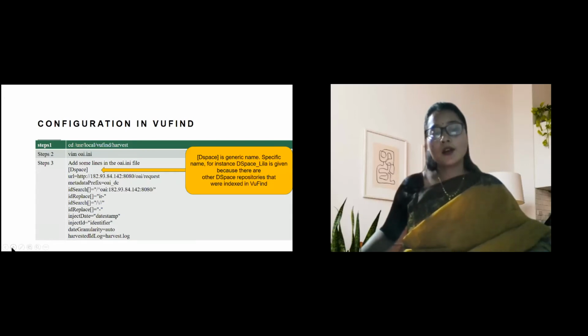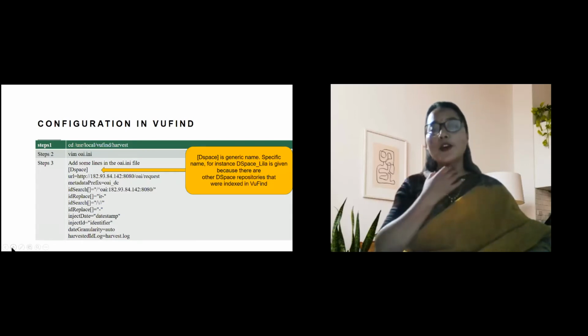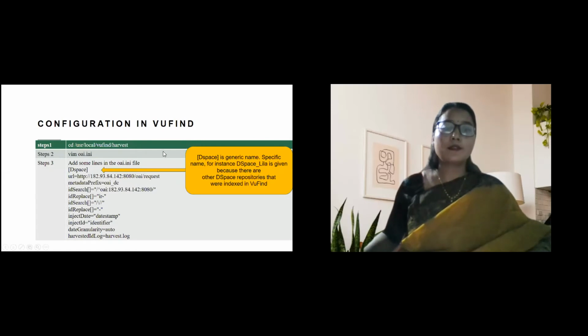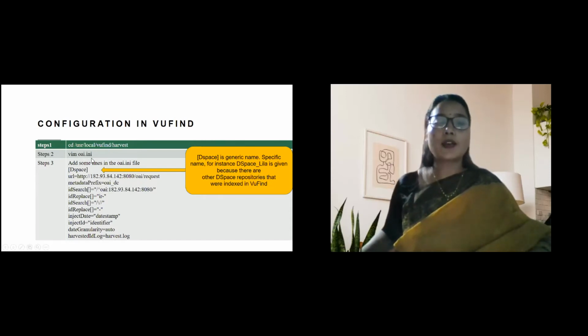Now after that, go to the VuFind section. We have to configure VuFind, where in the harvest folder, /usr/local/vufind/harvest, we have to edit the oai.ini file, and we have to add these lines, just copy and paste.